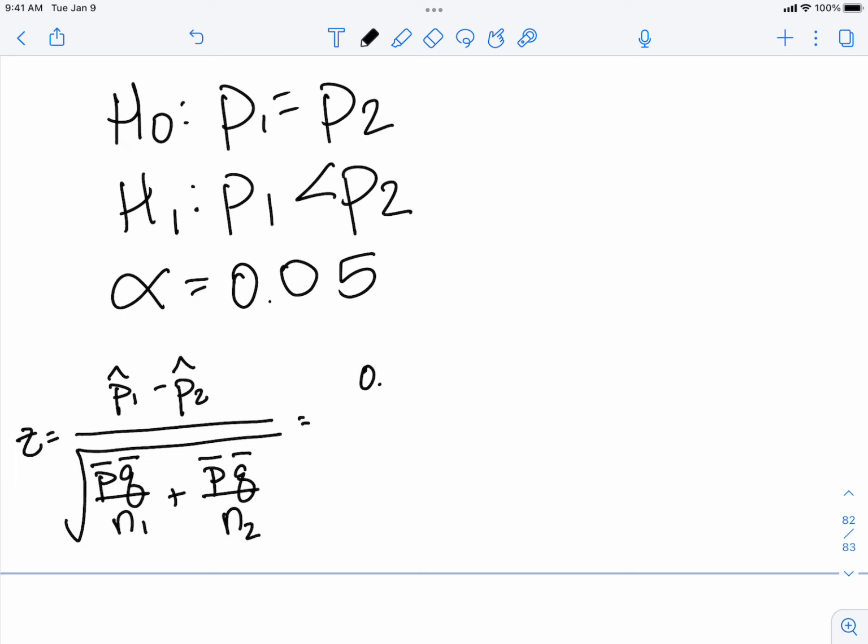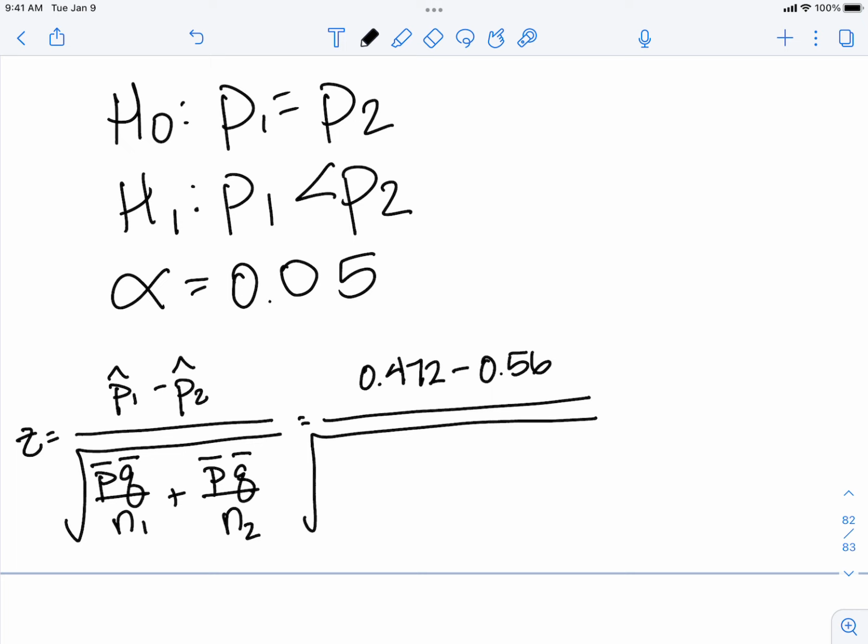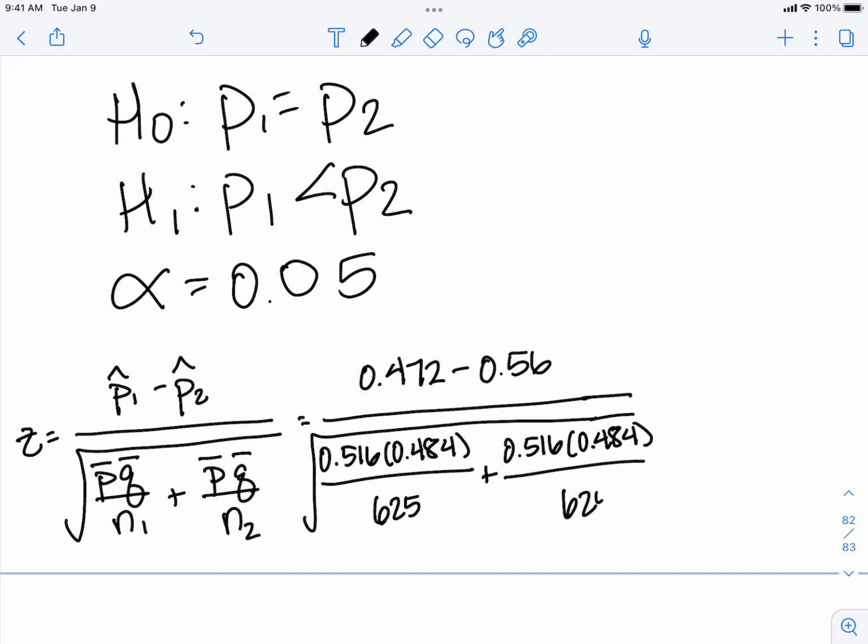Plugging this in, we have 0.472 minus 0.56 divided by square root of 0.516 times 0.484 divided by 625 plus 0.516 times 0.484 divided by 625. When we calculate this, we end up with negative 3.11.